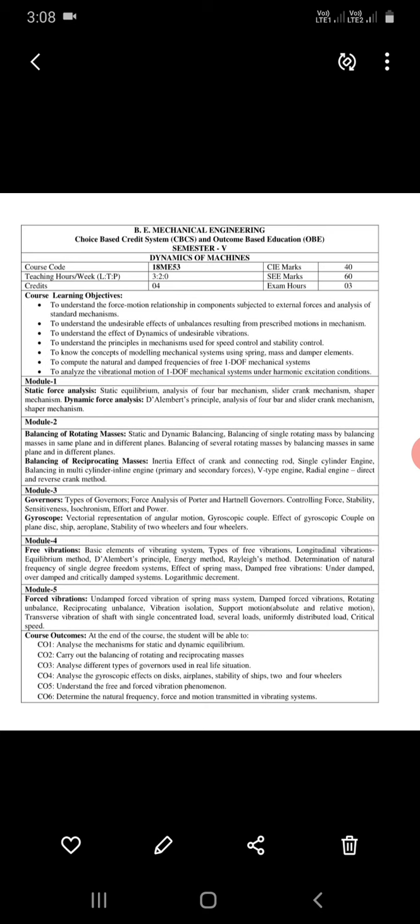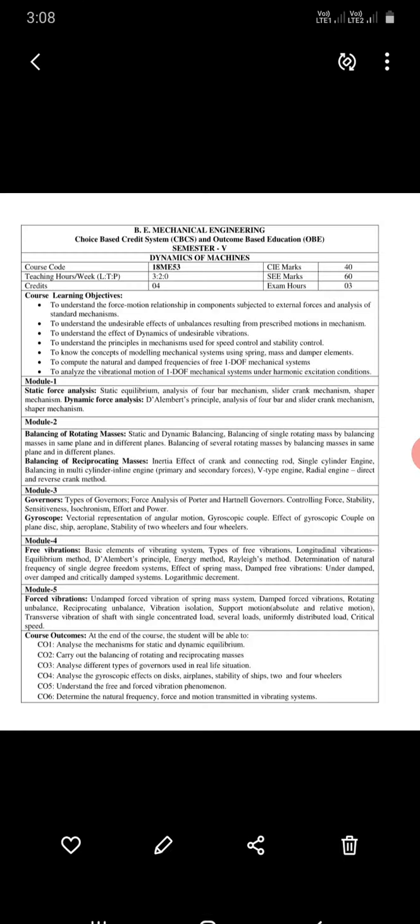And then, again in the same fourth module, we'll learn about the damped vibrations, which are a type of vibrations, and their analysis. Module 5, we'll learn about the forced vibration, means the amount of force given to a system and its output with amplitude. So we'll learn about all these modules in this introduction.